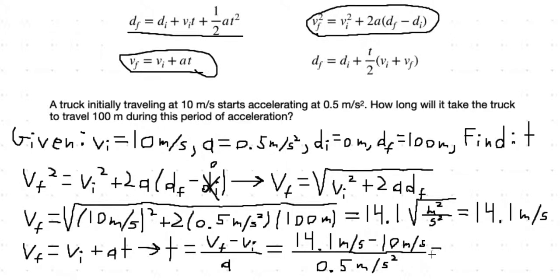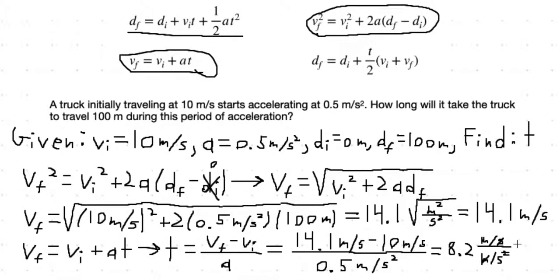But again, let's just double check on the units to make sure they work out. So the units in the numerator are going to be meters per second. And then the units in the denominator are going to be meters per second squared. So if I cancel things out here, meters cancel with the meters, and then the per second in the numerator is going to cancel with one of the seconds in the denominator here.